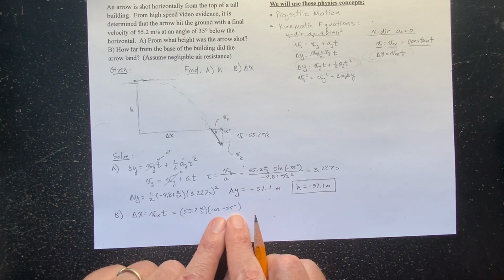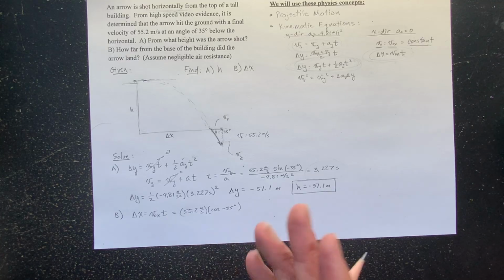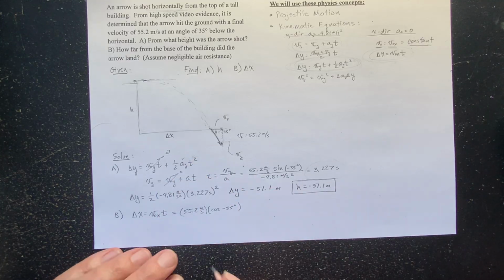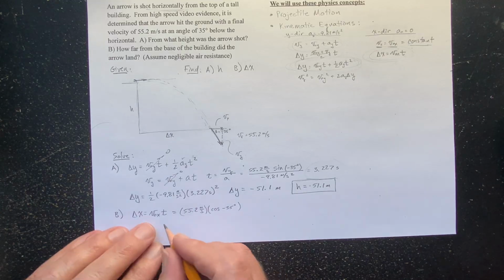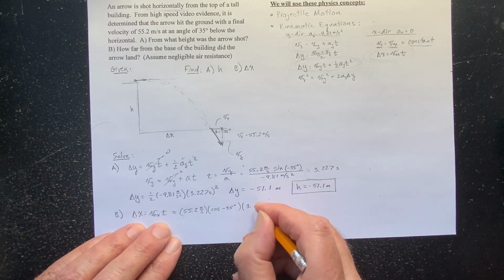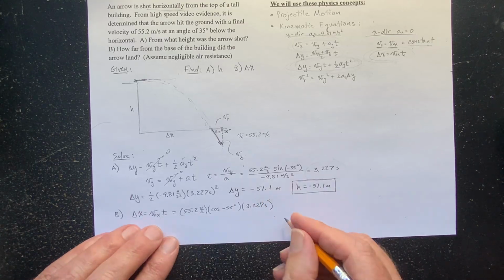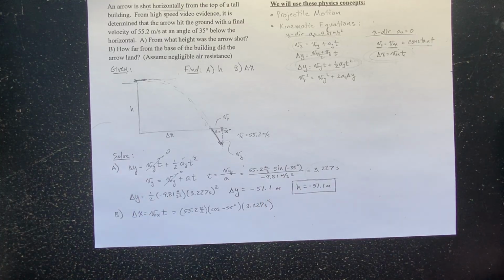Now, don't worry about that negative. You can drop it if you want, because the cosine of negative 35 will be the same as the cosine of positive 35 degrees. Because, well, you can look at the unit circle and all that kind of stuff. All right, and then we know how much time it was in the air, 3.227 seconds. And this will give me my range. So let's do that.